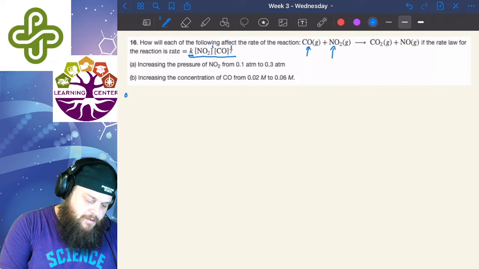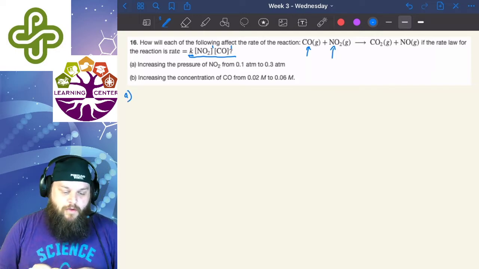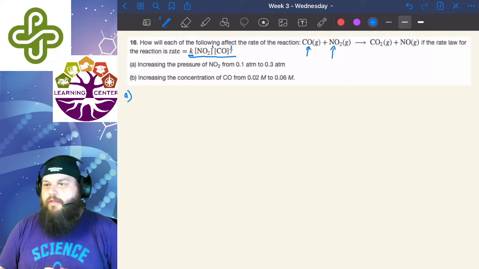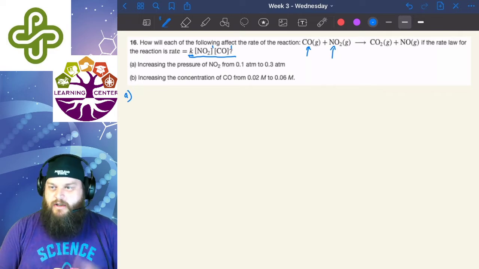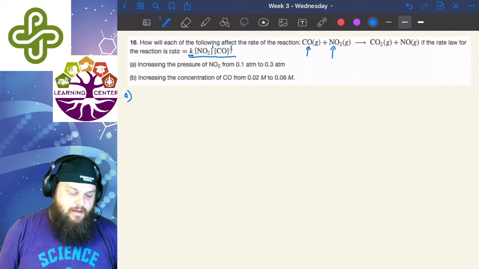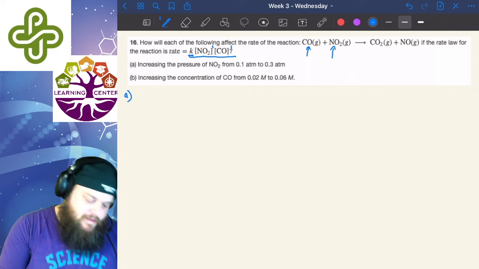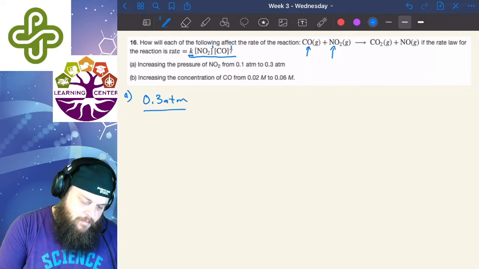So for the first part A, increasing the pressure of NO2 from 0.1 atmosphere to 0.3 atmospheres. One way I like to do these problems is to figure out the ratio of what's changing and then multiply that in to find out what that will be at the end of the day. In this case, I would take that 0.3 atmospheres and divide it by 0.1 atmospheres.